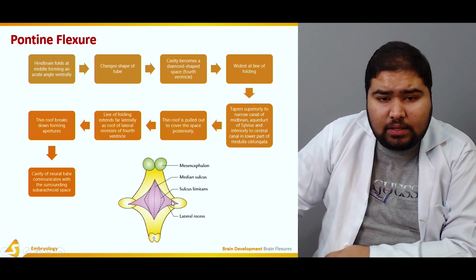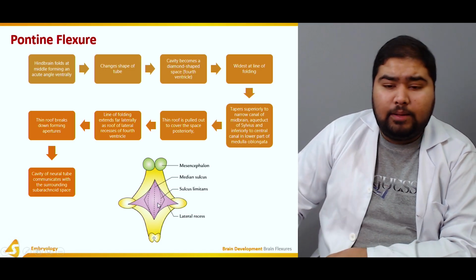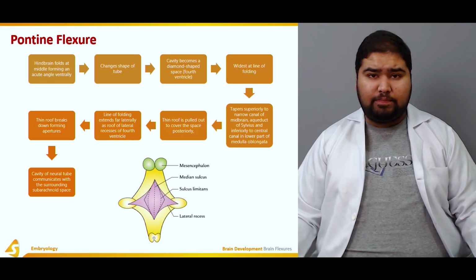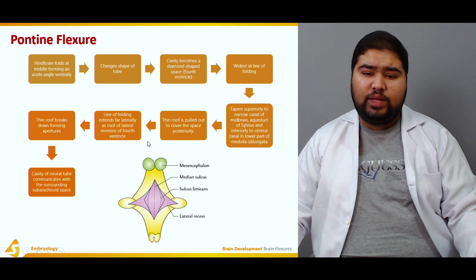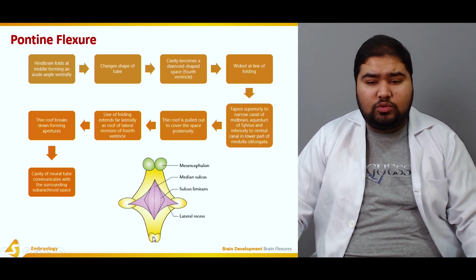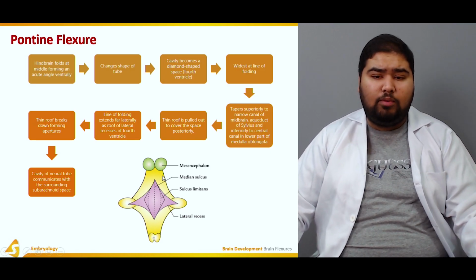This is the Pontine flexure we are talking about. So the Pontine flexure, first of all, changes its shape to a diamond shape. The upper part is continuous with the midbrain, the cerebral aqueduct. The lower part is continuous with the hindbrain, the central canal of the medulla oblongata.